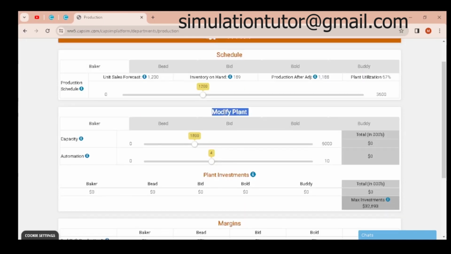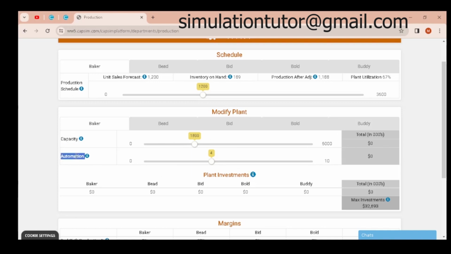This way you can modify a particular product by buying capacity, buying automation, and if the capacity is a bit higher, you can sell capacity so that you can avoid having a lot of capacity in one product. You can sell capacity for maybe this product Becca. You can sell it maybe to 1,000, and then you can get money into the company, or sell capacity for Becca and buy capacity for other products.